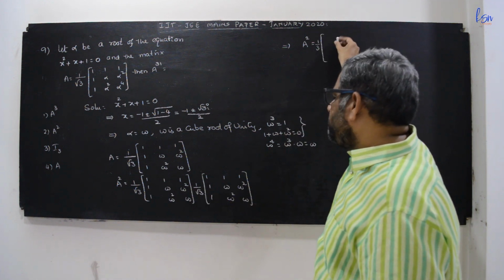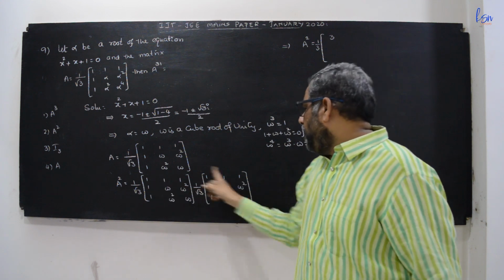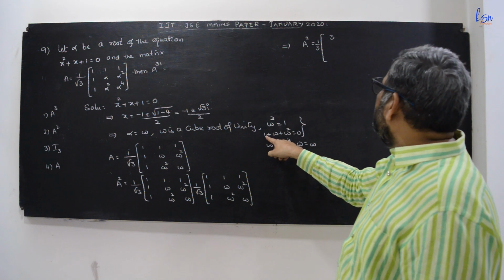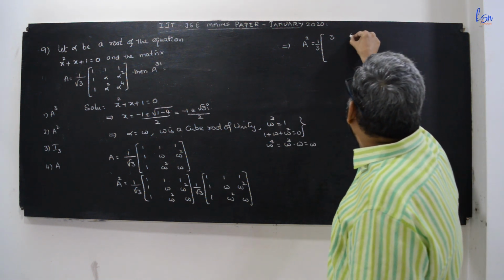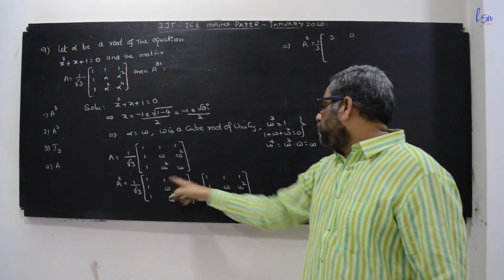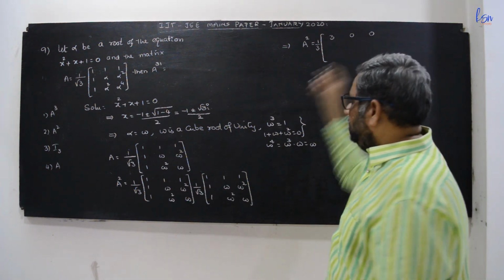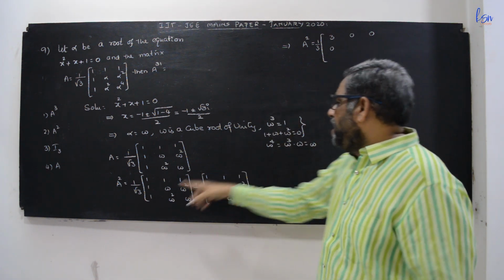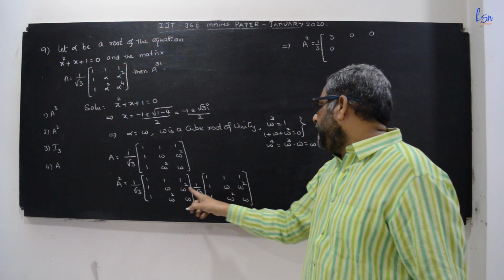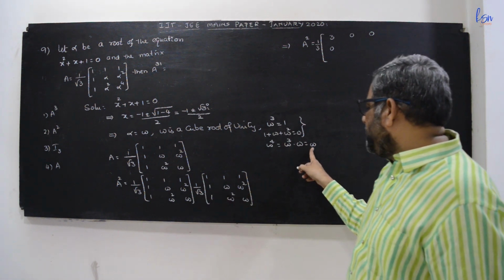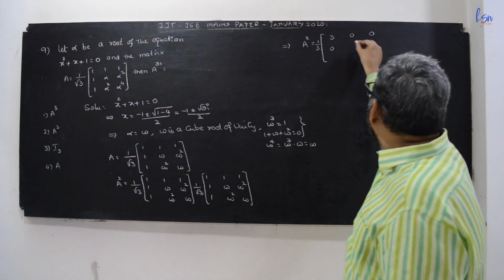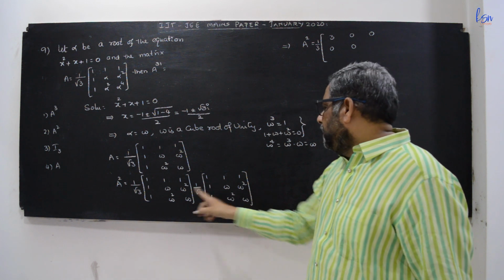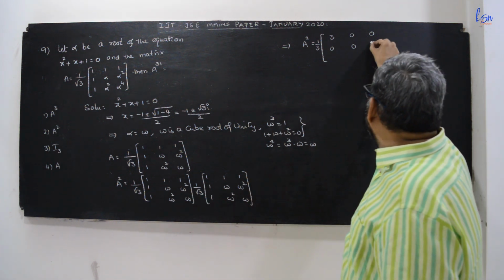So 1 plus 1 plus 1 is 3. 1 plus omega square, as we noted here, 1 plus omega square plus omega is 0. 1 plus omega square is 0. 1 plus omega square plus omega power 4. Omega power 4 is omega. Therefore, 1 plus omega square plus omega is 0, and 1 plus omega cube, 1 plus omega cube is 1 plus 1, that is 3.